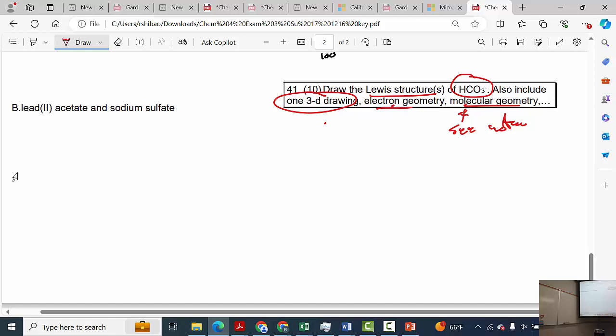This we didn't do, but this we did. This we didn't do, this we didn't do. Lewis structures we did. Yeah, right. EGG, MG, and then Lewis structures.